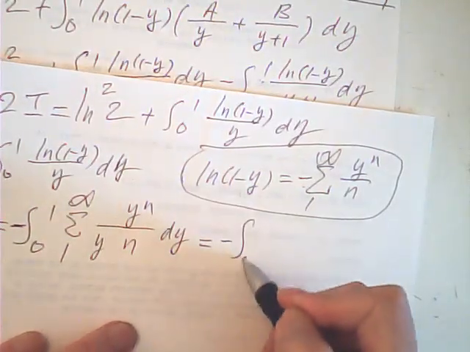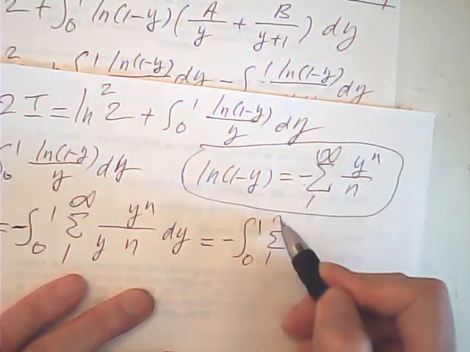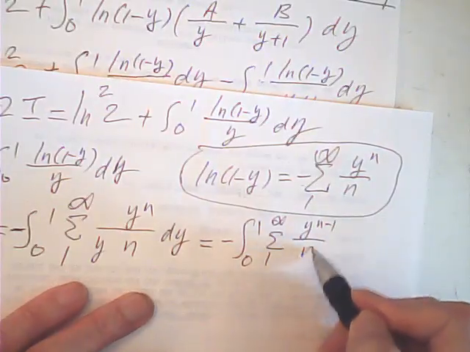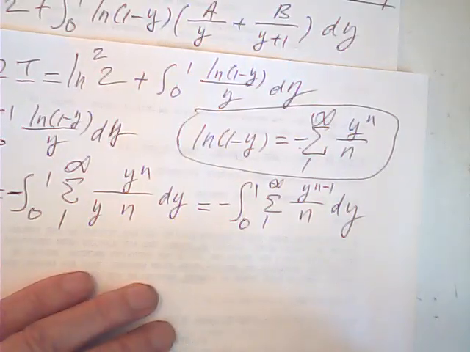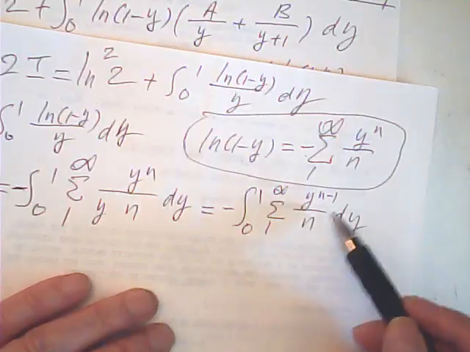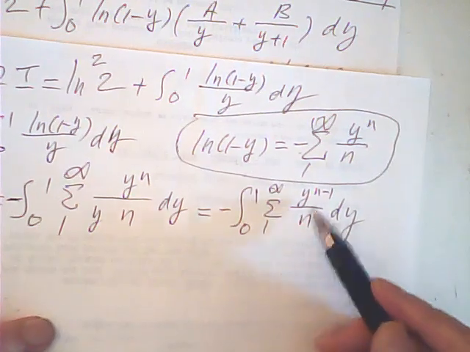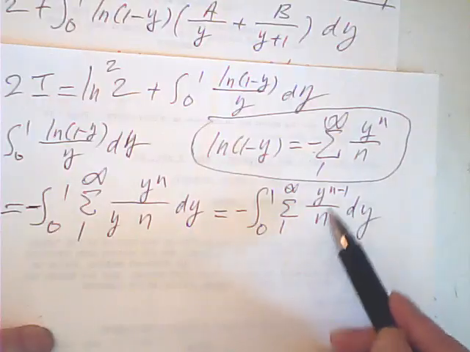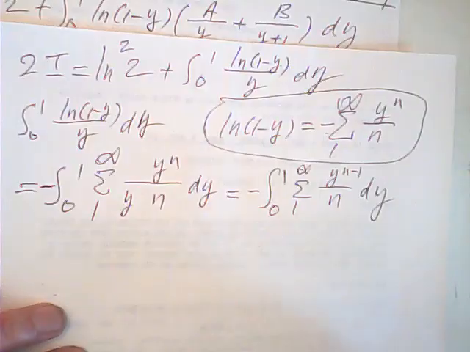Then this is negative integral, sigma y^(n-1) over n dy. Now, for this series, in this interval, it's convergent. If you test the convergence and find the radius of convergence, 0 to 1 is okay.